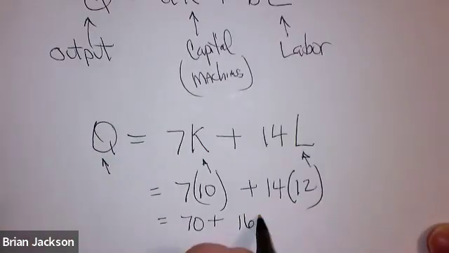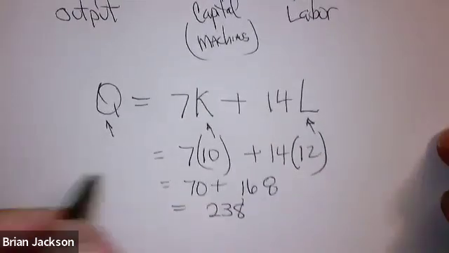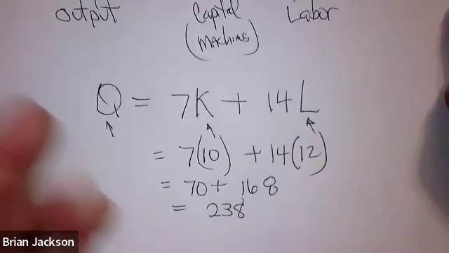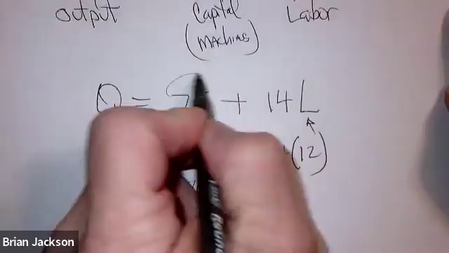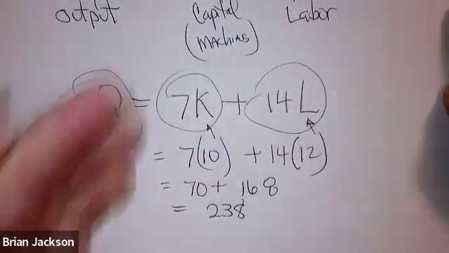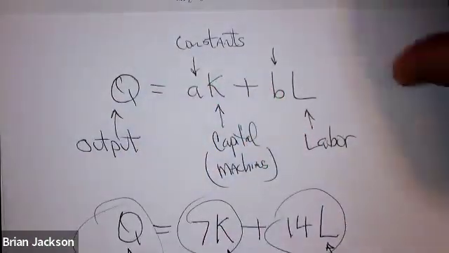I guess that's 168, and 168 plus 70 is 238. A guy who has a master's degree in math should be able to do that in his head, but sometimes it's not easy. So at any rate, 238 tables or whatever it is. We are combining labor and capital together to get output. That's all this formula means for various values of A and B.